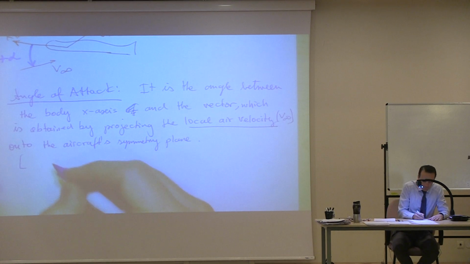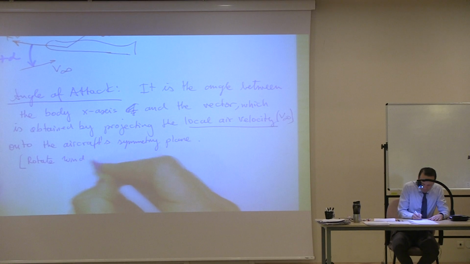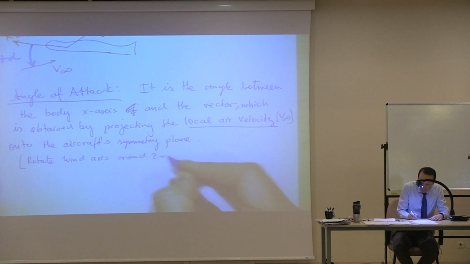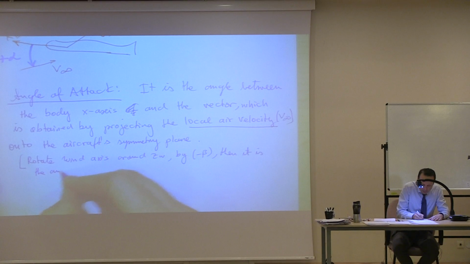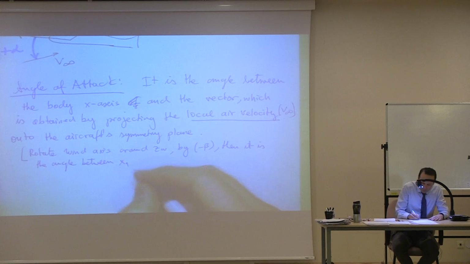Or rotate wind axis around ZW by minus beta, then it is the angle between x1, the intermediate x, and xb.